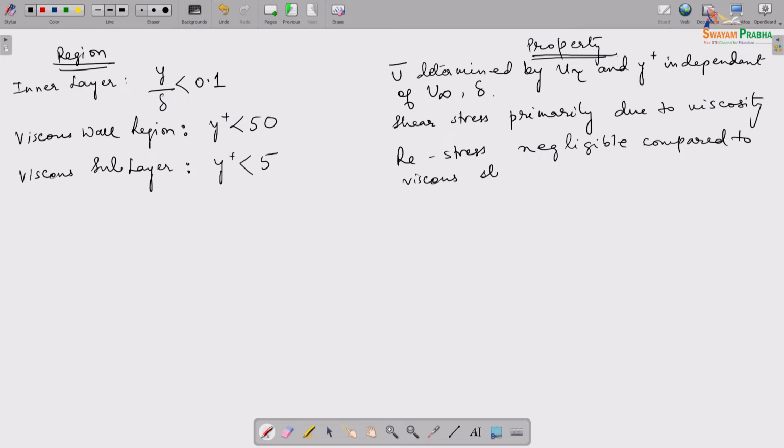So definitively, when you're in the viscous sublayer, the Reynolds stress is gone.